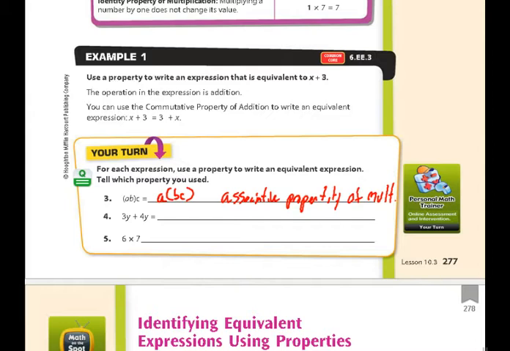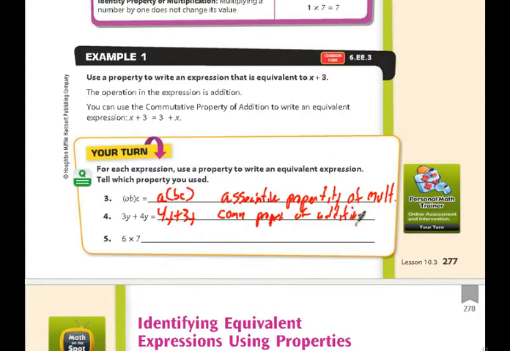The answer I was looking for originally was to change that to 4y plus 3y and to use the commutative property. No, this is not written as a distributive property. This answer is not distributive right here. What we did is we did the commutative property of addition.